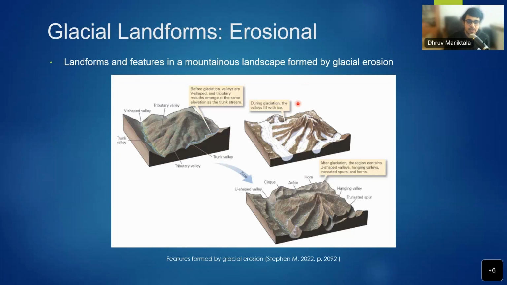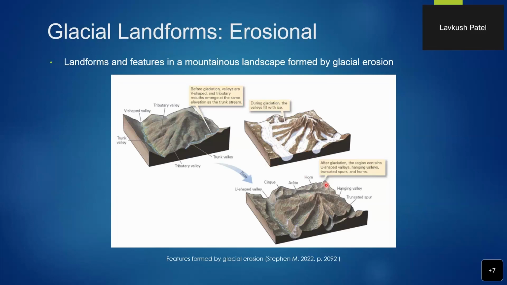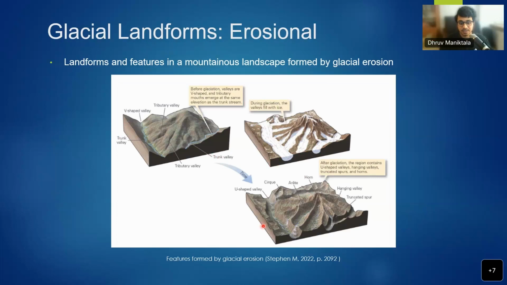As we learned earlier, we have valley glaciers, then we have ice caps and cirque glaciers, which form in a bowl-like formation. And when the glaciation has ended and the glaciers have completely melted, they leave behind these landforms, which look like this in the third image.